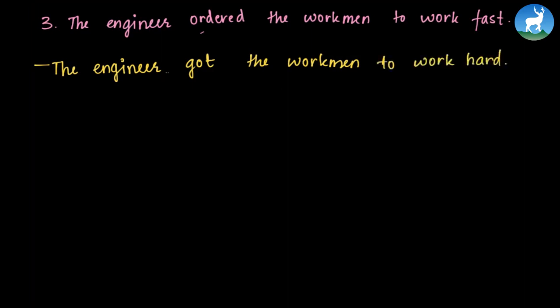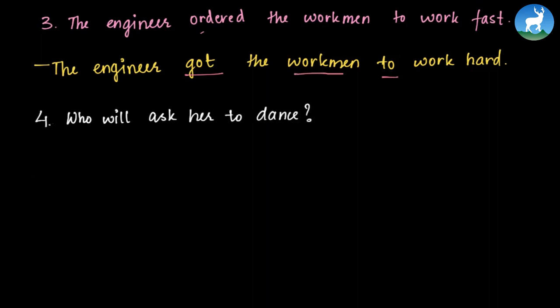Because we are using the structure with get, we add to in front of the base verb, and here we are not using the past participle form because the agent workman is defined. Another question, who will ask her to dance? We can rewrite it as who will get her to dance?